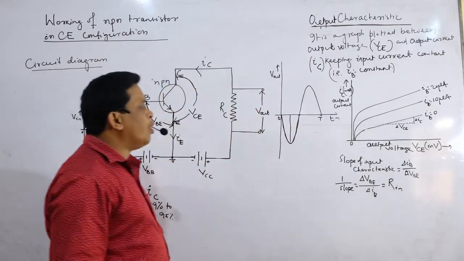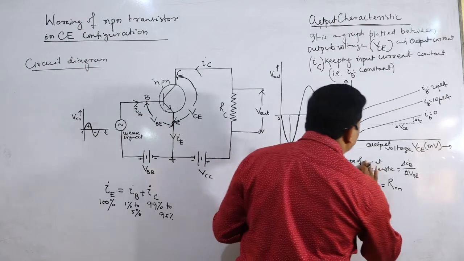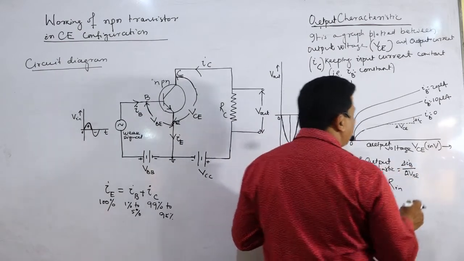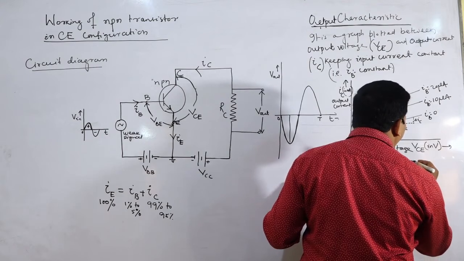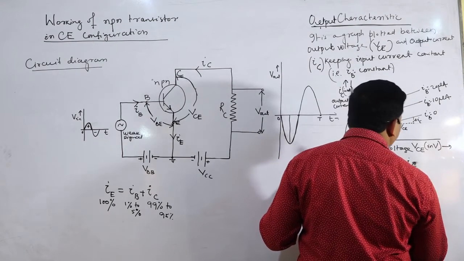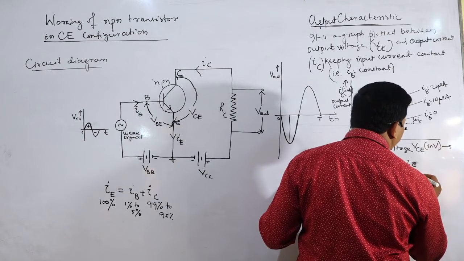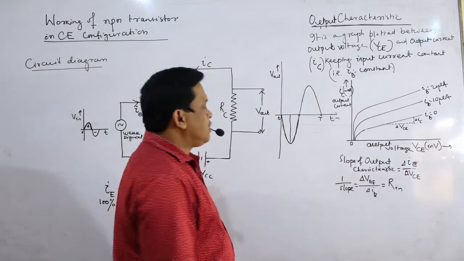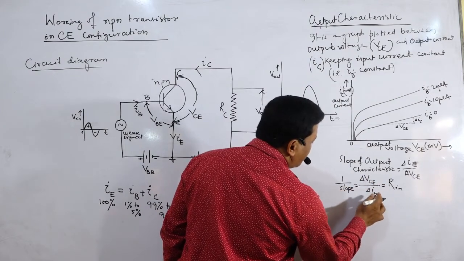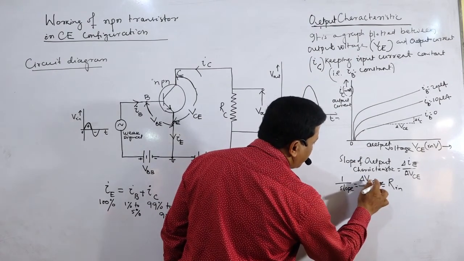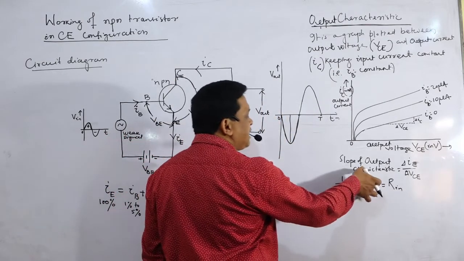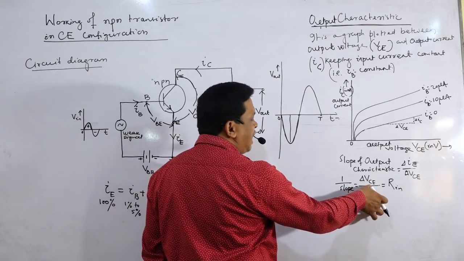Now come to the slope of the output characteristic. That is equal to delta IC by delta VCE. Now its reciprocal is delta VCE by delta IC. This is the change in output voltage and this is the change in output current.